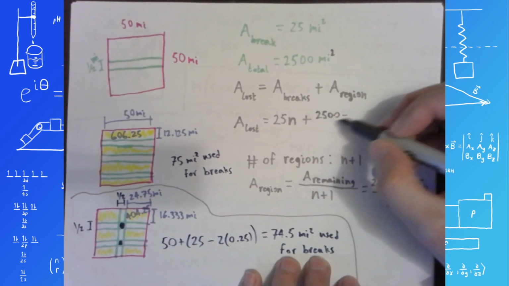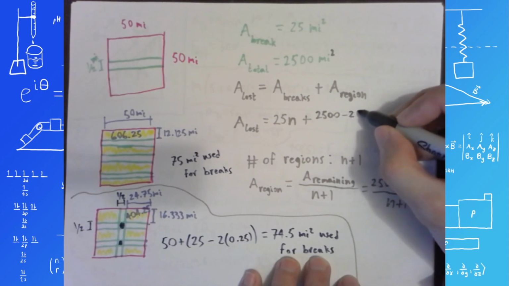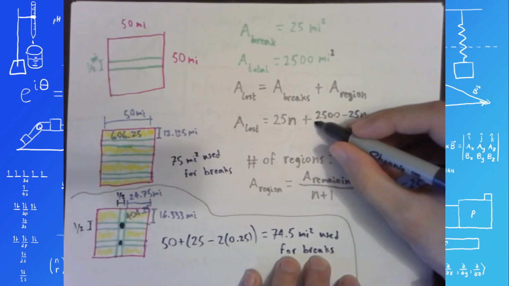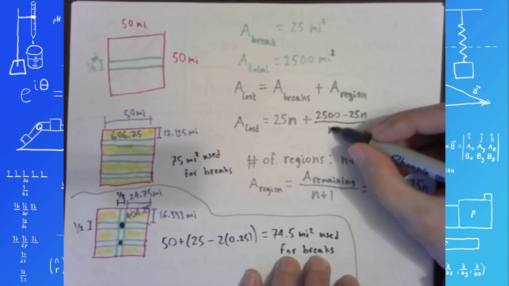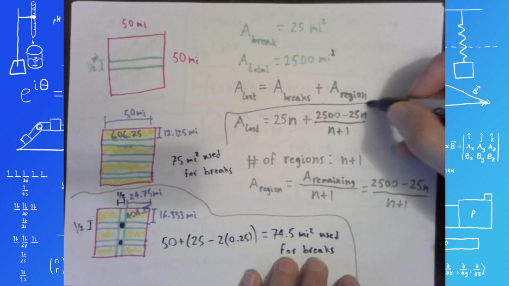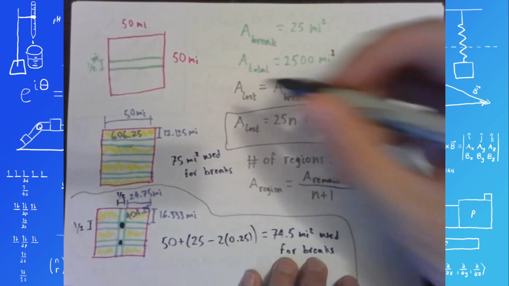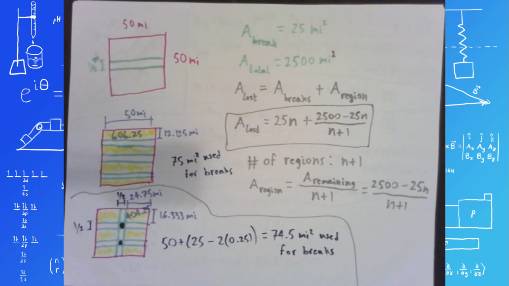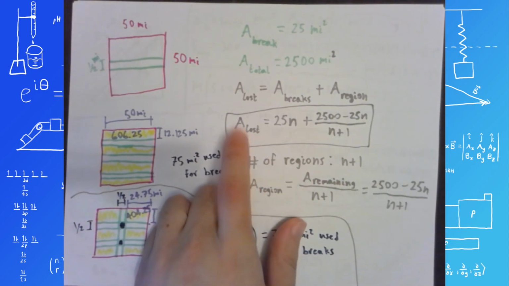Anyway, 25n plus 2,500 minus 25n all over n plus 1. All right, this is what we are going to call our objective function. If you've never heard the term objective function before, it is the function that you are trying to optimize, whether you're maximizing it or minimizing it. In this case, we're trying to minimize area lost.